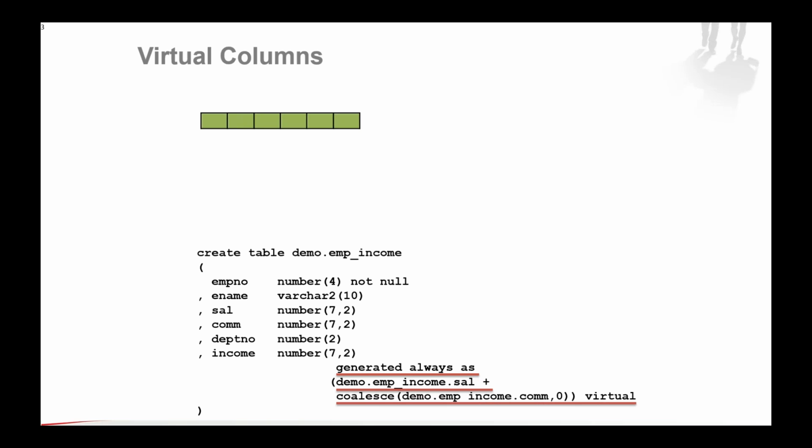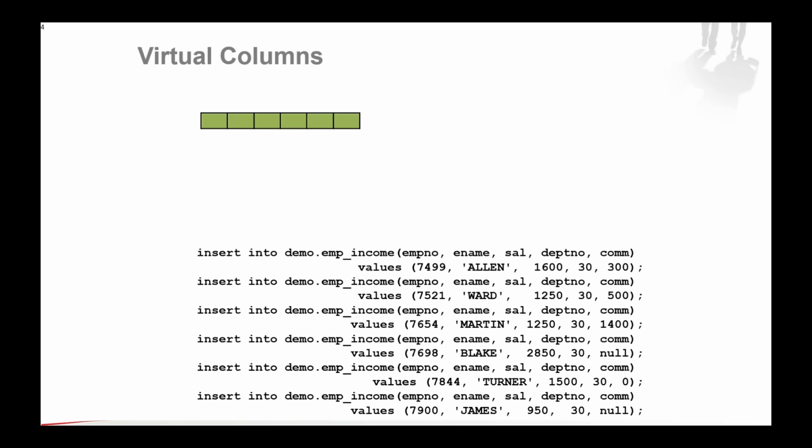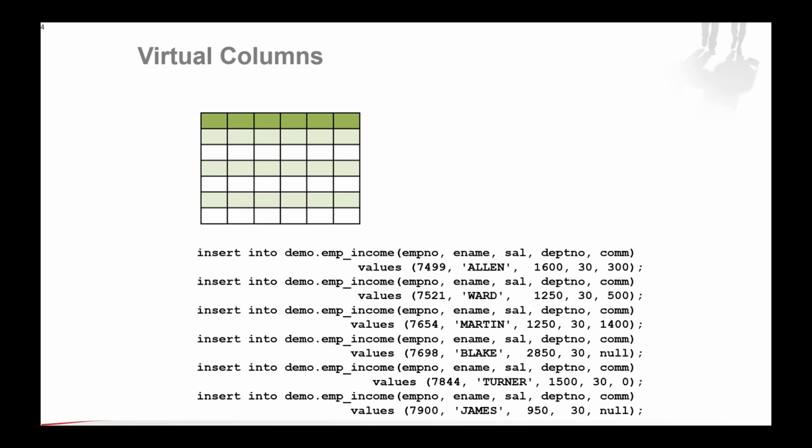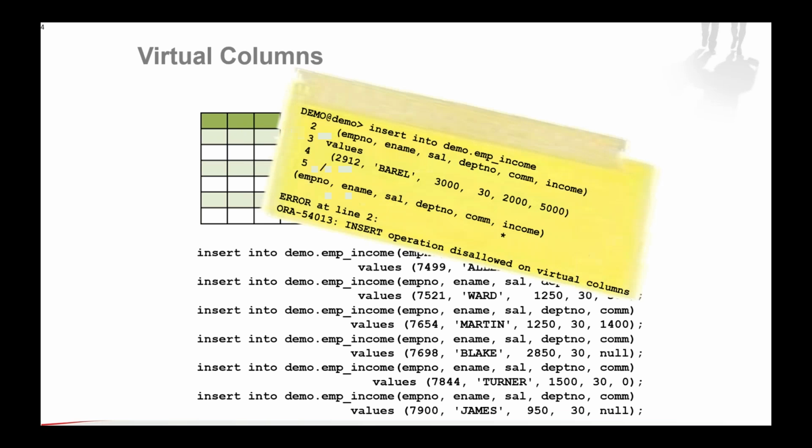This column is being added to the table as if it were a normal column. If you insert some data, you'll see all the records showing up. And notice though that I insert all the columns except the virtual column, the income column. Because if I do that, Oracle will show me an error, insert operation disallowed on virtual columns.